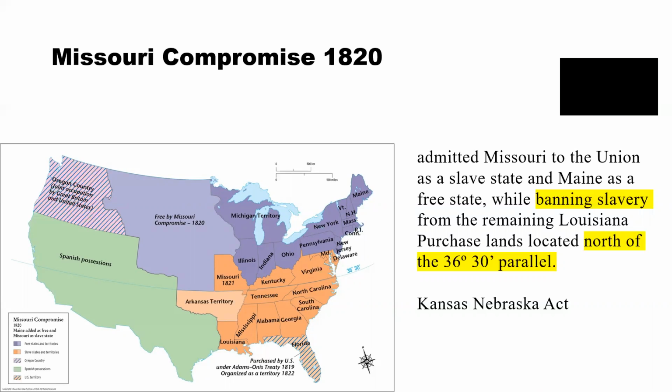This compromise states that Missouri is a slave state and made Maine a free state while banning slavery from the remaining Louisiana Purchase lands located north of the 36°30' parallel. This is really important because it will later be overturned by other acts trying to balance the number of slave states and free states, which all build up to the Civil War. One example that overturned this act is the Kansas-Nebraska Act.